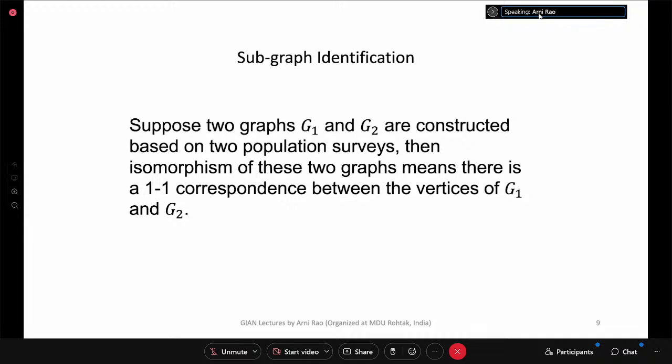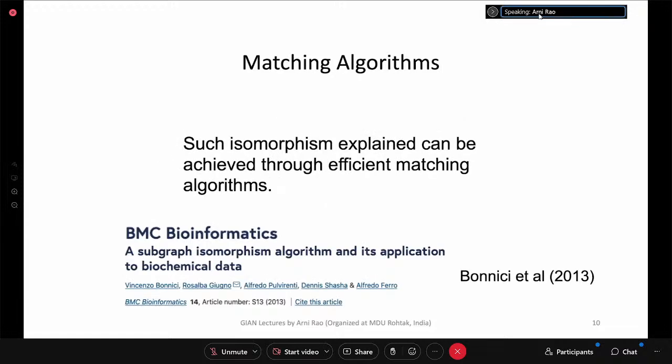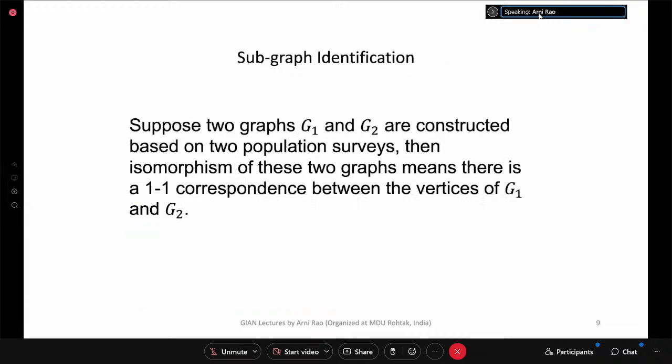Similarly, in other parts of the world, very good research work has been done. They conduct a survey in the population, and based on the survey among the injection drug users, they formulate a graph. So G1, G2 are constructed based on two population surveys.